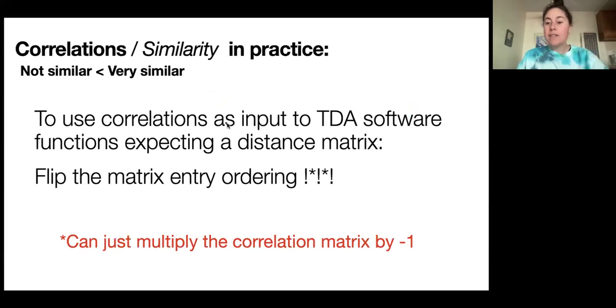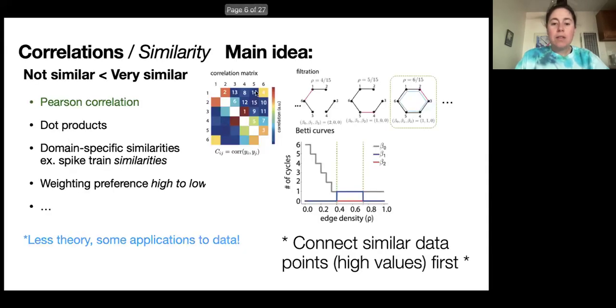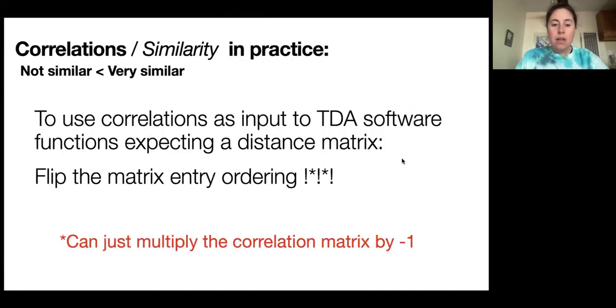Before we get into why this is a reasonable thing to do, I just want to go back to that step of flipping the order in which we add the edges in the filtration. When we have correlations, we want to add the edges in order from high correlation to low. In the actual practice of analyzing correlation matrices using TDA, often the TDA software is going to expect a distance matrix as an input.